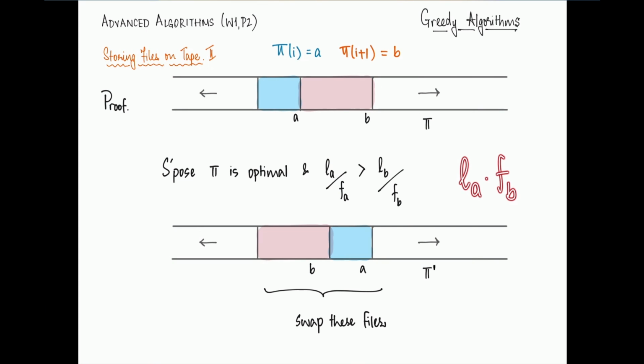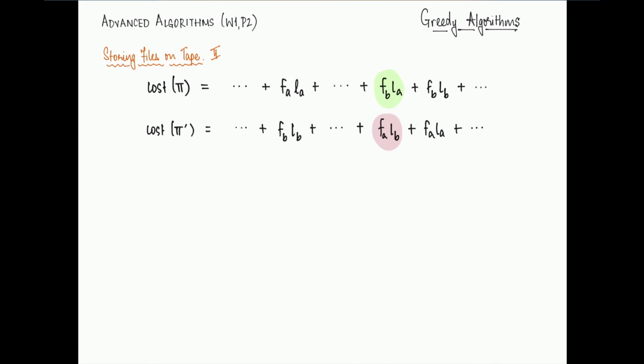If you think about it for a minute, you'll see that all the other costs are exactly the same, but what's happening in pi prime is that FB times LA is reduced and FA times LB is added compared to the cost that you had to pay in the order pi.